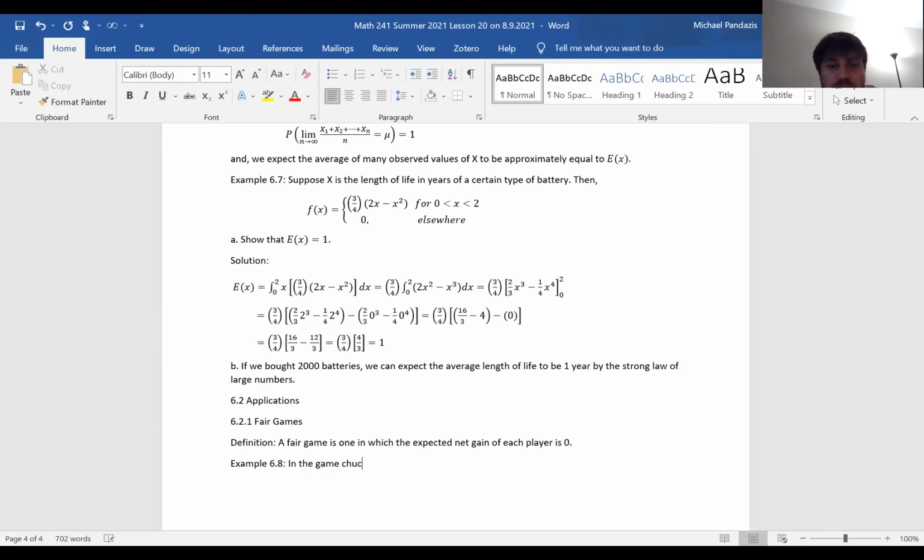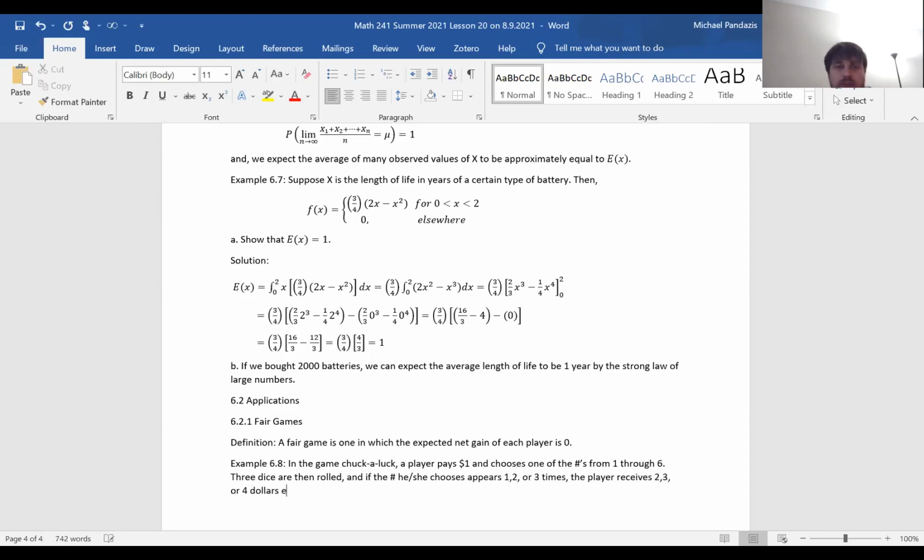So in the game Chuck-a-Luck, a player pays $1 and chooses one of the numbers 1 through 6. 3 dice are then rolled, and if the number he or she chooses appears 1, 2, or 3 times, the player receives $2, $3, or $4 respectively.